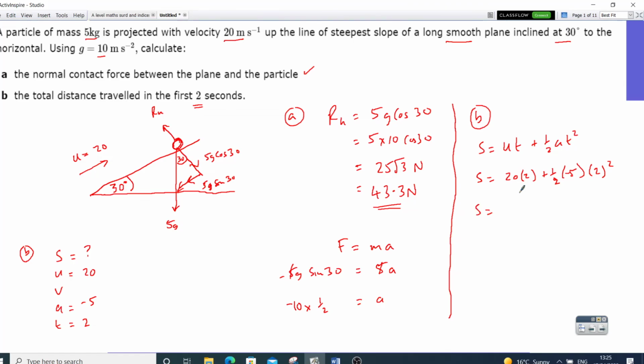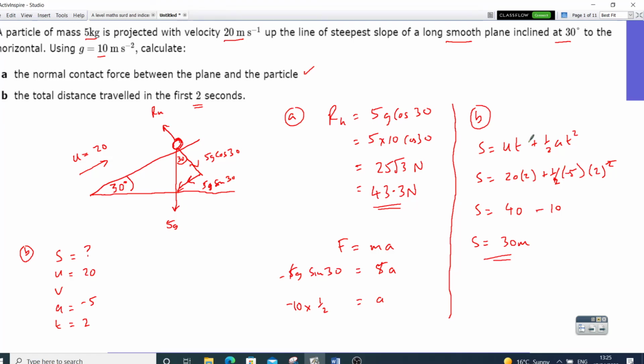So that will be 40, plus half of minus 20, which is minus 10. So s, the distance it would have travelled, is 30 meters. Okay, so the total distance travelled in 2 seconds is 30 meters.